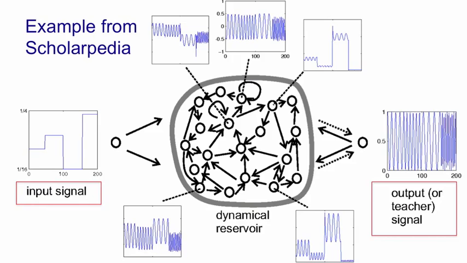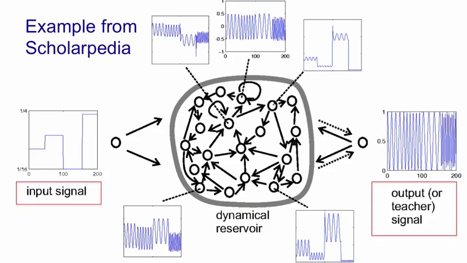And the stuff in the middle is a big dynamical reservoir, so the inputs coming from the input signal drive those loosely coupled oscillators and cause complicated dynamics that go on for a long time. And those output weights are learning to map that complicated dynamics to the particular dynamics you want for the output. All the other pictures are showing you the actual dynamics of individual units inside the dynamical reservoir.